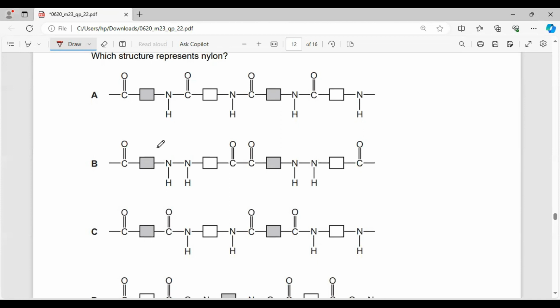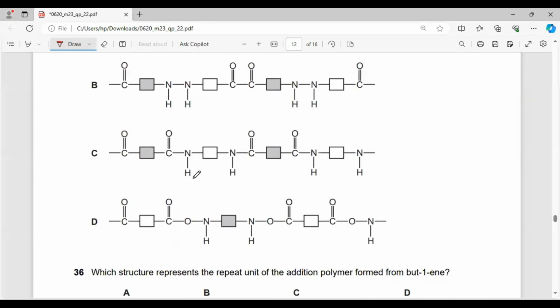In option B, again, two different functional groups are attached to this box. Also, the link between them is wrong. In option C, this is a difunctional group where the same functional group is attached to one box. The link is correct, that is C double bond O NH.